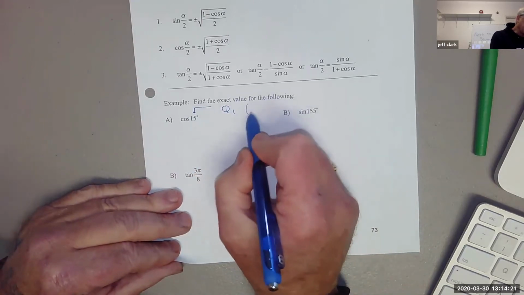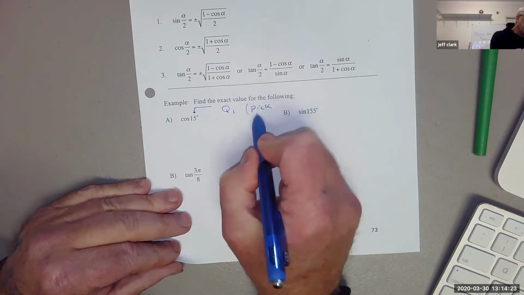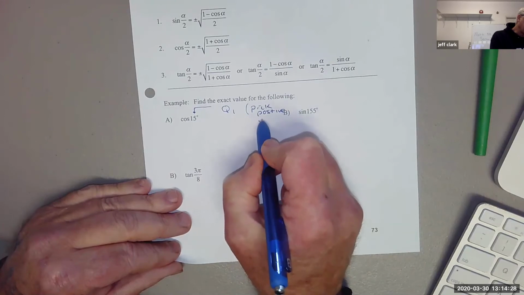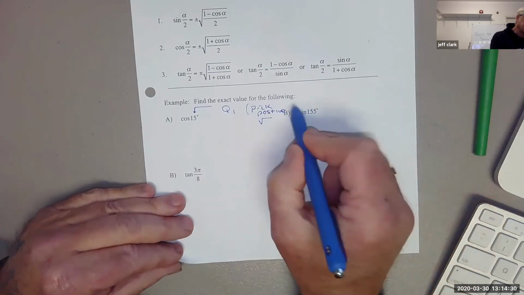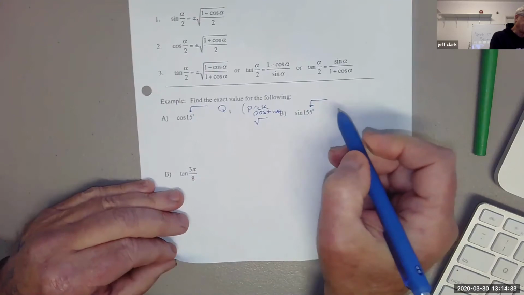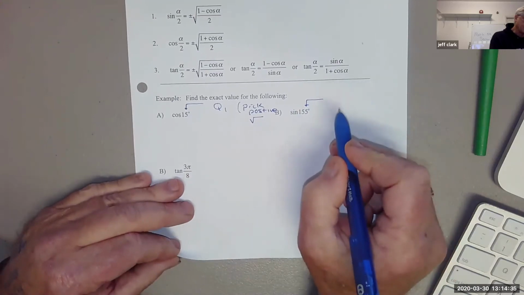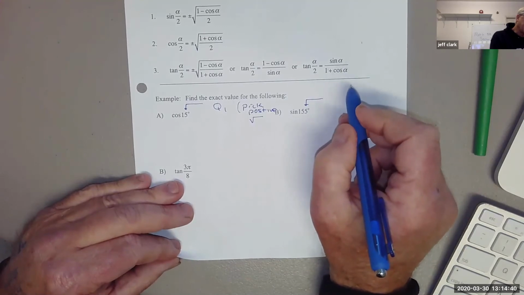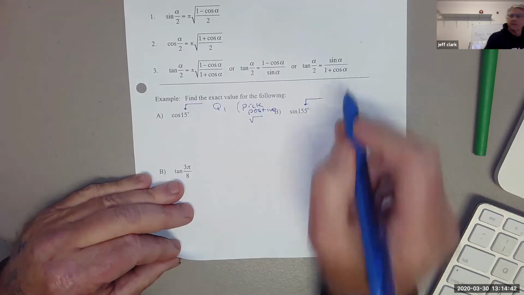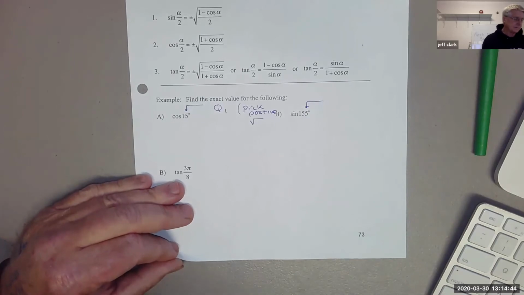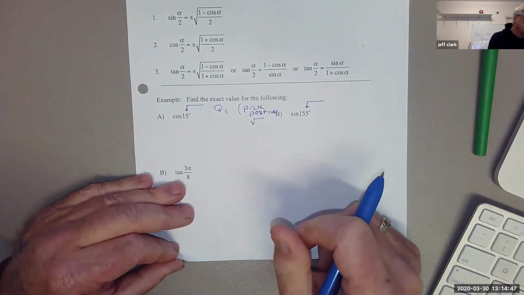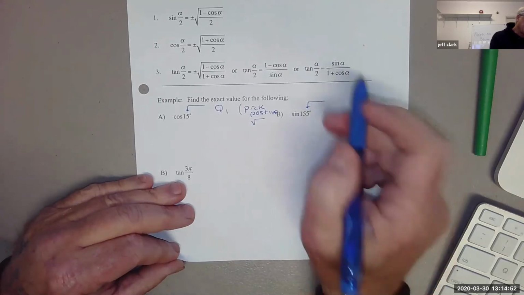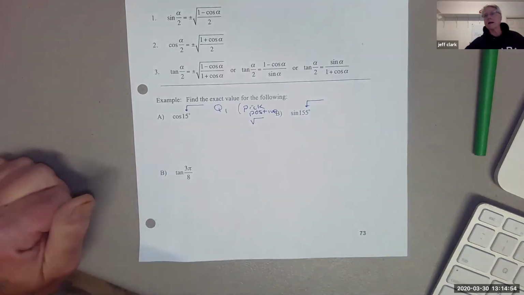So I'm going to pick positive square root. Like this one here, 155 degrees. Okay, what quadrant is 155 degrees? Hold on a second. I'm going to backtrack just for a second here.